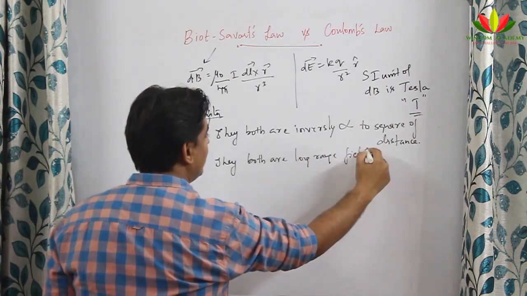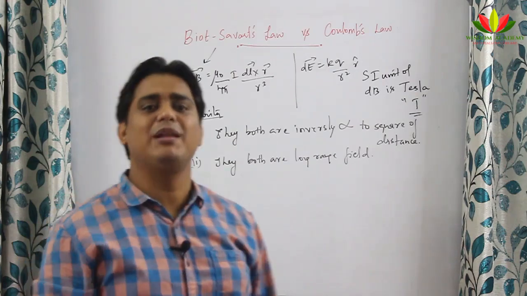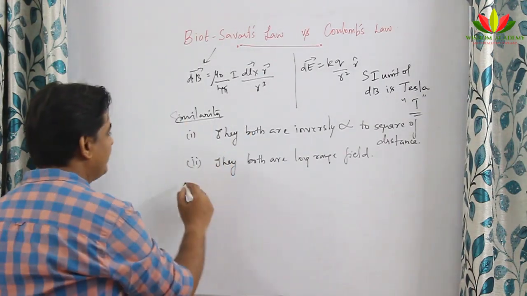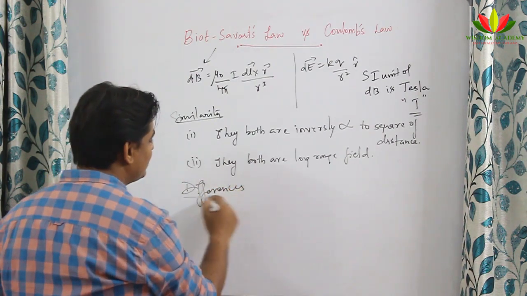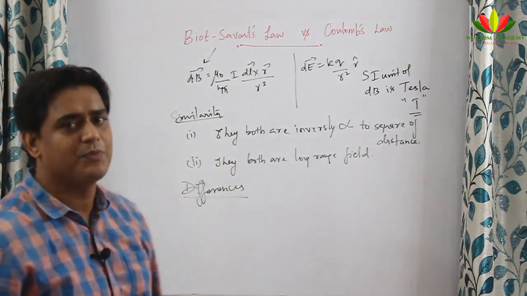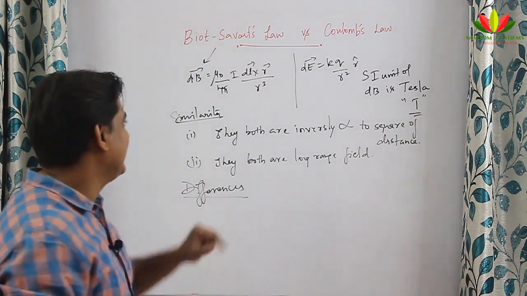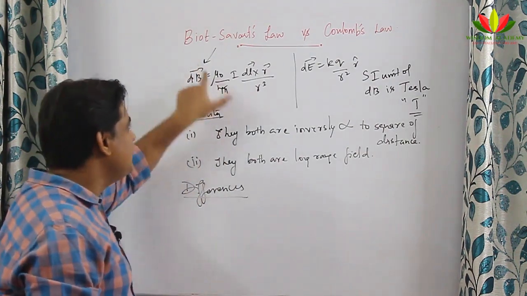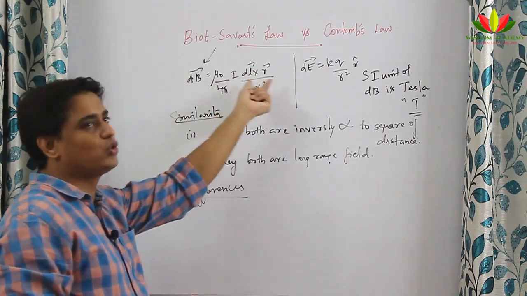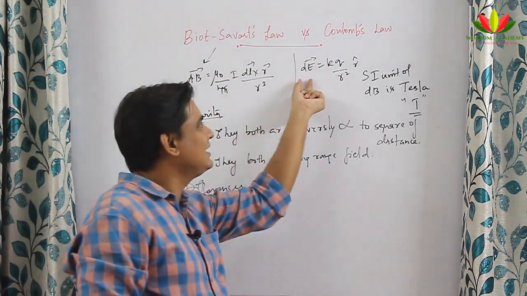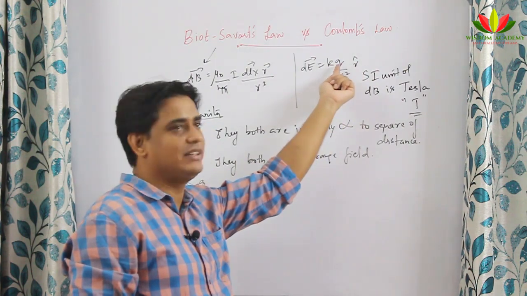Let us see the points of dissimilarity, what are the points of difference between them. So can you please look at the equations and say what the differences between them are. One thing you can say is that here I am getting dB by a vector product. So it has a vector source, whereas the electric field has a scalar source because there is no vector quantity here.